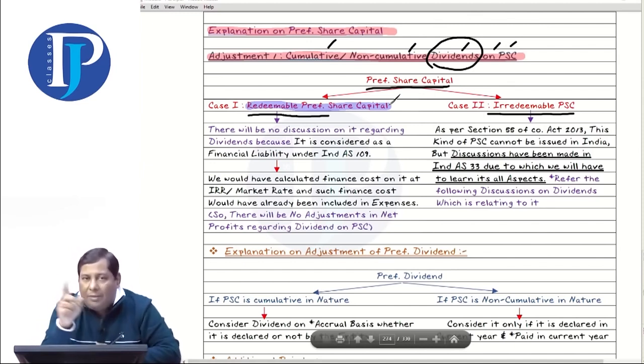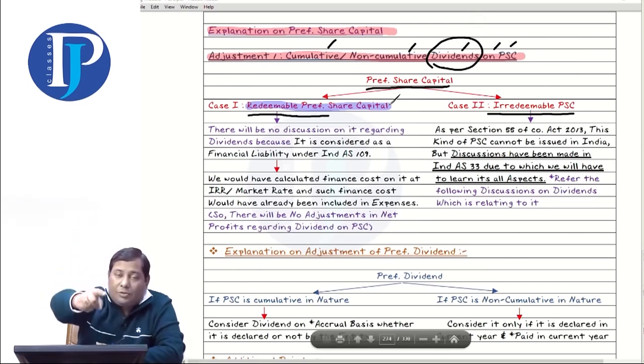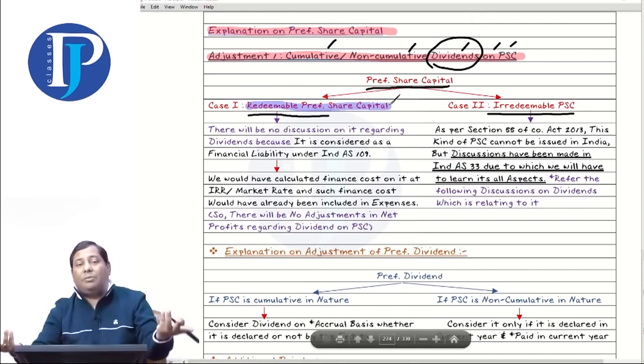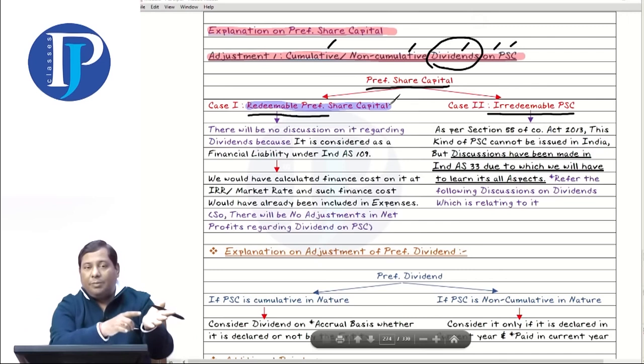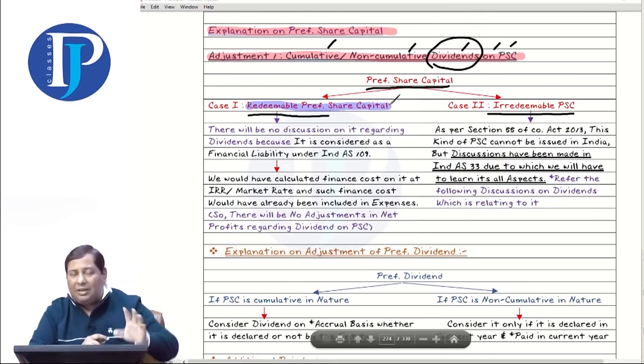The interest on all the redeemable preference share capital must have been included under the expenses in P&L in the finance cost. So no adjustments are to be done. So you wrote income minus expenses minus tax expenses, and the interest would have been included in the expenses. We consider redeemable preference share capital as financial liability and find interest based on IRR or market rate and show it in P&L.